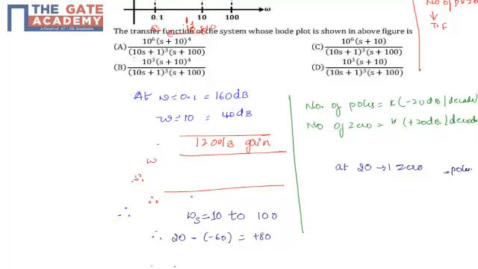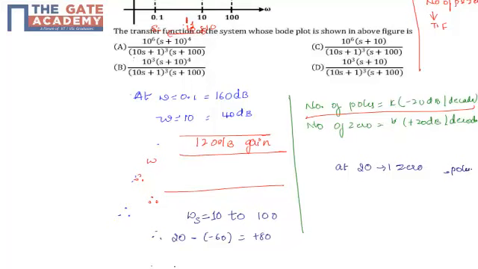So from this we can find the number of poles. In order to find the number of poles, we have the formula k into minus 20 dB per decade, and in order to find the number of zeros, k into plus 20 dB per decade.